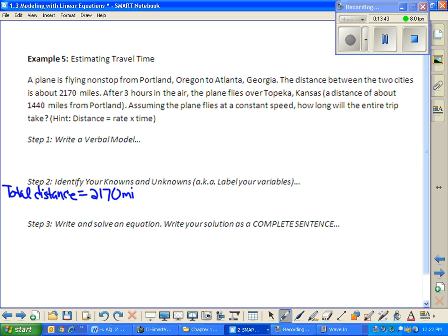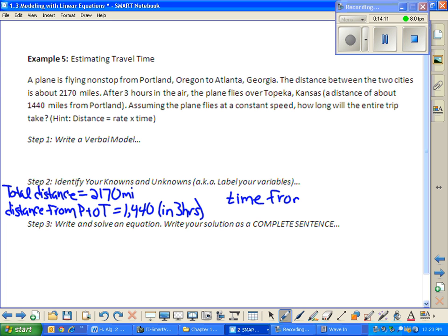We also know that the distance from Portland to Topeka is 1,440 miles. They cover this distance in just 3 hours. What I don't know about the problem right now is the time it's going to take from Portland to Atlanta.